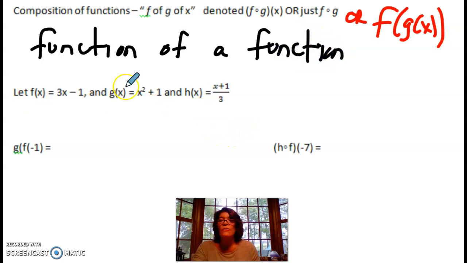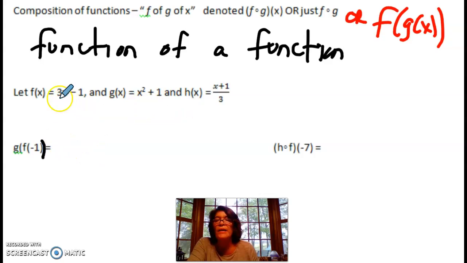Okay, so if these are my functions here, if I want G of F of -1, you're welcome to pause me and try these 3 on your own if you'd like. Okay, that might be a good idea. G of F of -1. Oh, I noticed I forgot a paren here. G of F of -1.